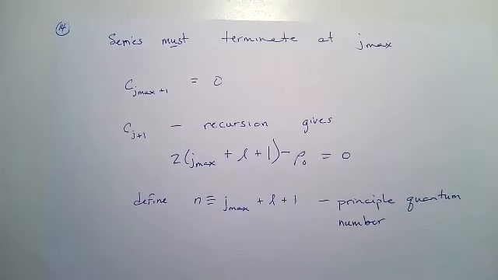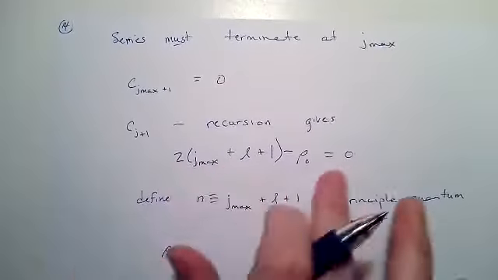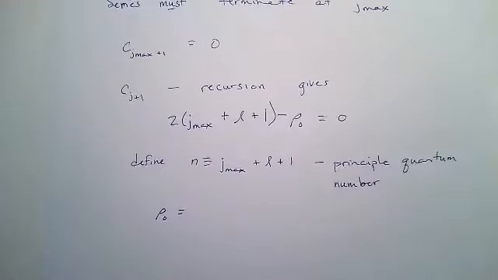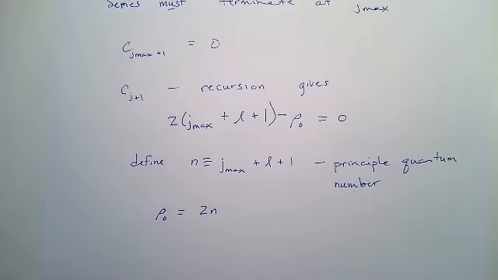Right, so that's the same n we've used before. So if that's the case, and I solve this formula, my rho 0 has to equal 2n.